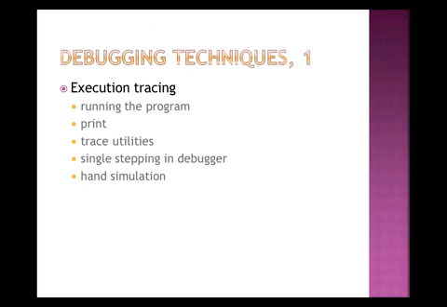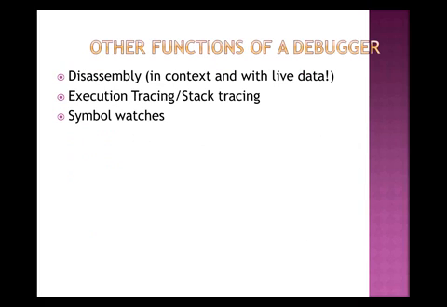Why people don't use a debugger, we have also studied. And then we studied multiple debugging techniques: execution tracing, which includes running, printing, tracing, single stepping and simulation. Then interface checking, assertions, and skipping code.